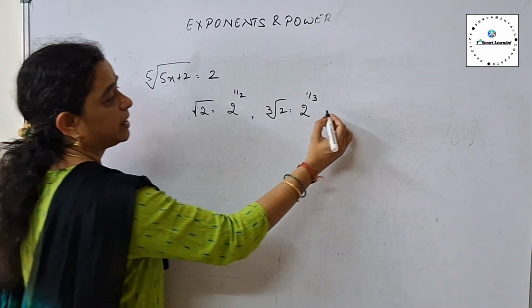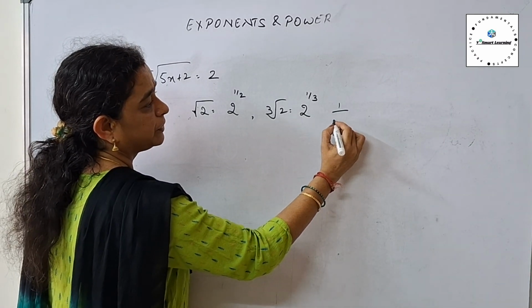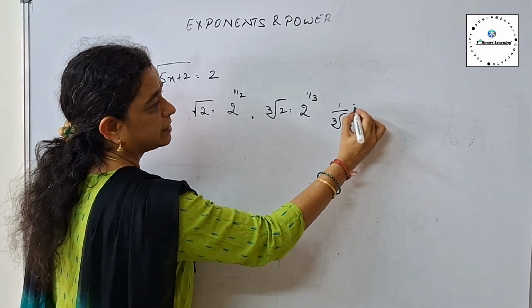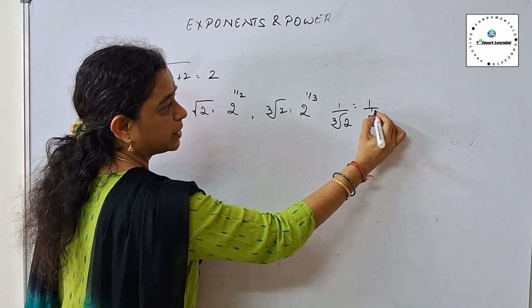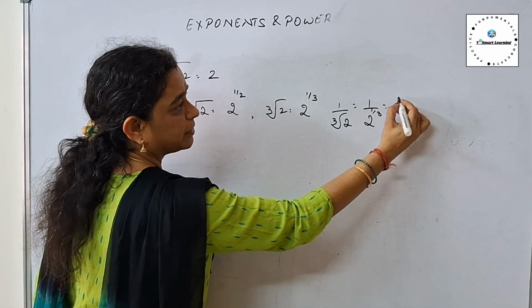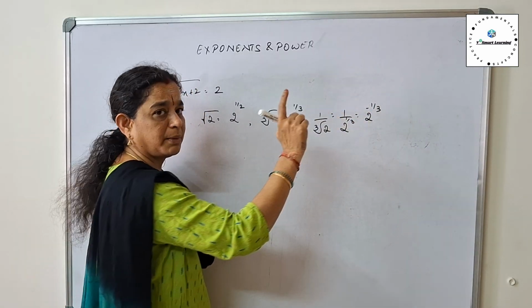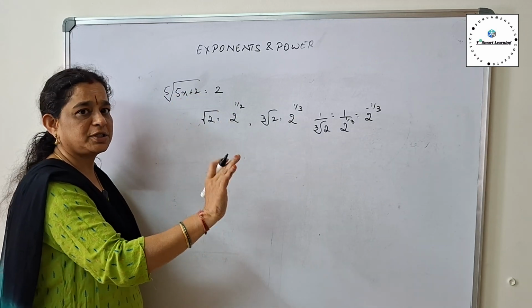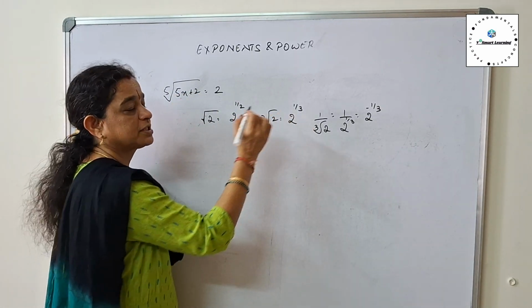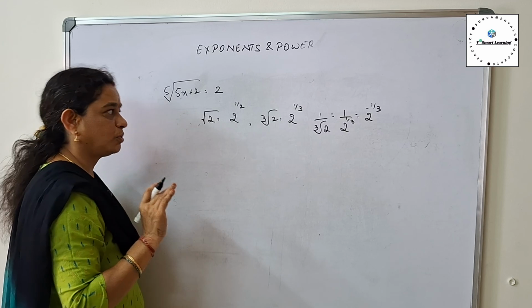And if I have 1 by cube root of 2, this will be 1 by 2 to the power of 1 by 3, or 2 to the power of minus 1 by 3. So 1 by a power m is a power minus m. All laws of exponents will hold good if the exponents are rational numbers also.